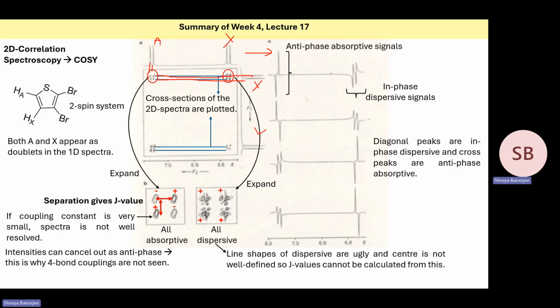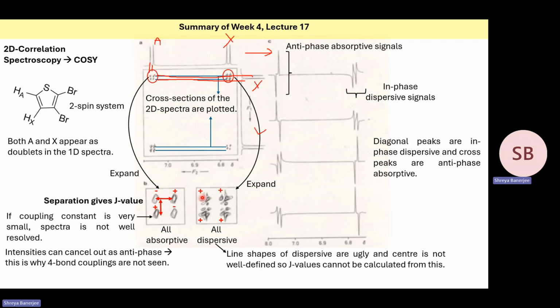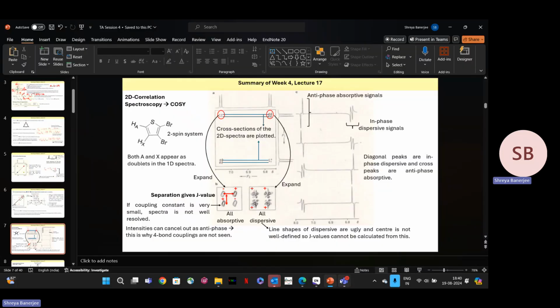X is a doublet on both sides. And so if you expand the diagonal peak, you will again get 4 peaks within the diagonal peak. This is called fine structure.